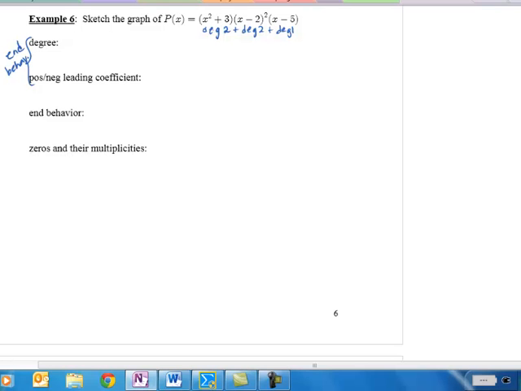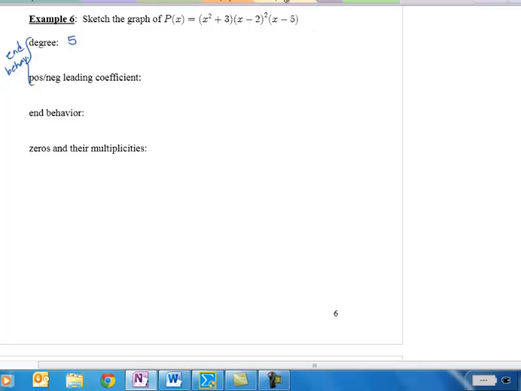So when we multiply these together, we would have degree 5. You can imagine that I have this x squared, and then I'd have another x squared from this. That would be the highest degree term I have, and then there's an x in the last one. So just multiplying those together would give us an x to the 5th. So this is degree 5, and we can determine that without actually finding the expanded form.